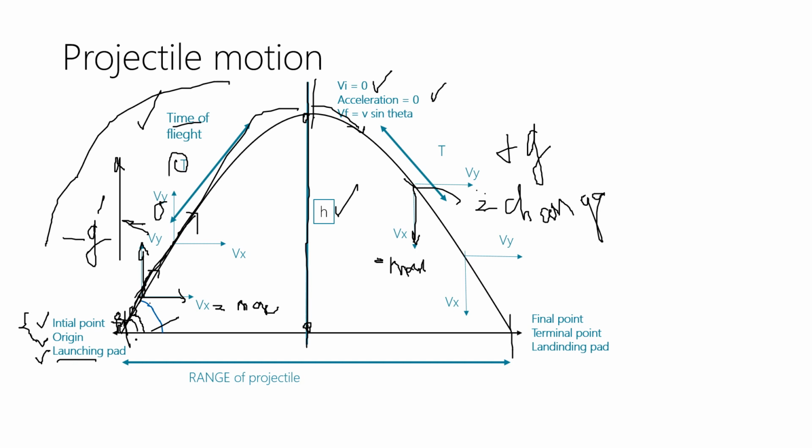Now the final place of that object is known as final point, terminal point, or origin. If the word origin is used, the ending is known as terminal. If the word initial is used, the end would be known as final. And if the word launching is used, we will use the word landing pad.